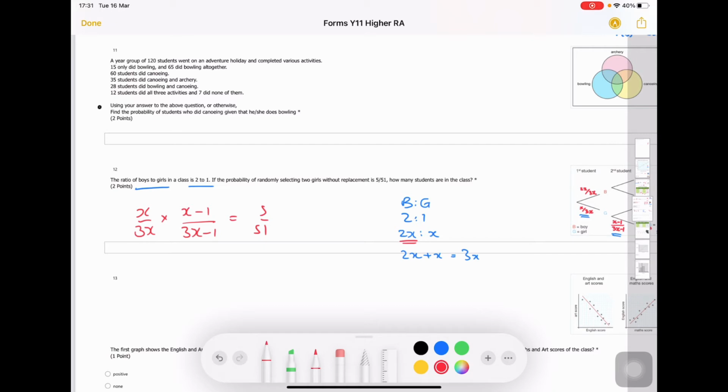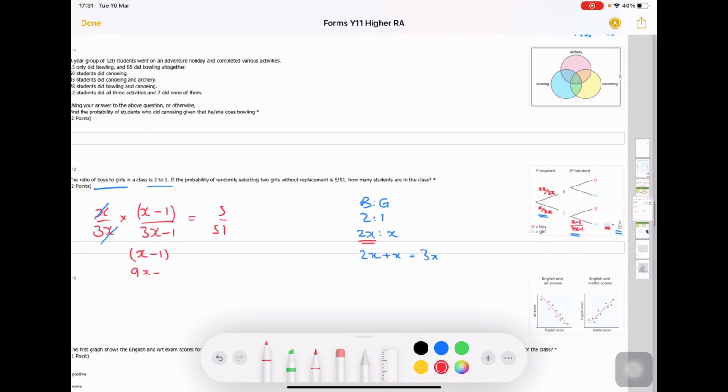Some cancel out with each other, so this and this goes. So I will write x over 3 multiplied by (x take away 1 over 3x take away 1), and 3 times 3 is 9.